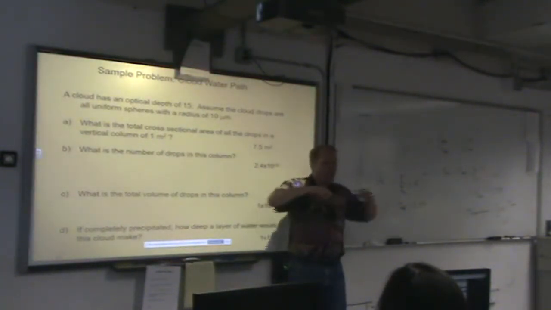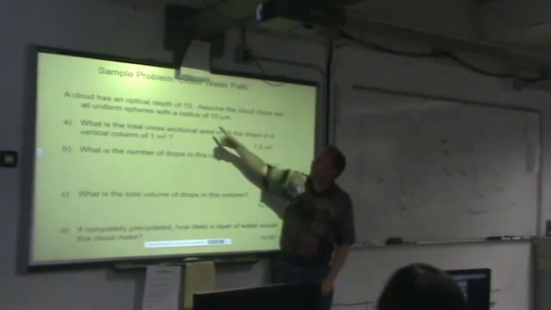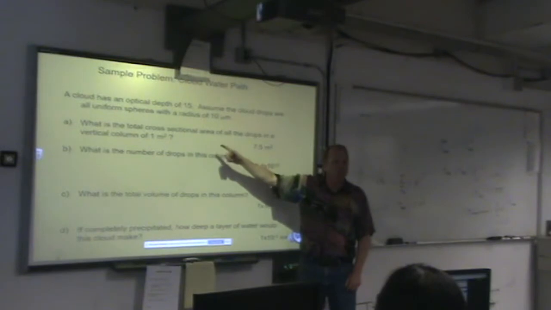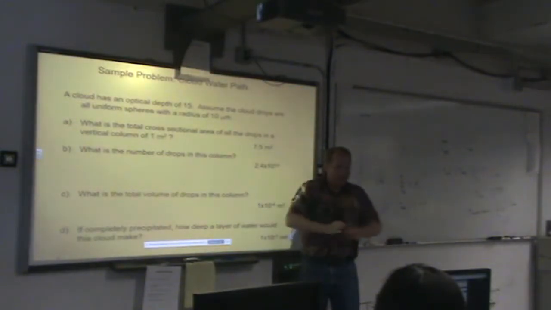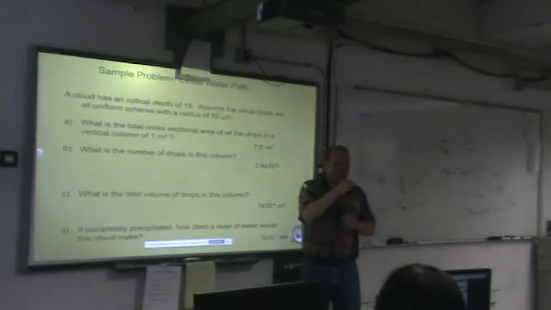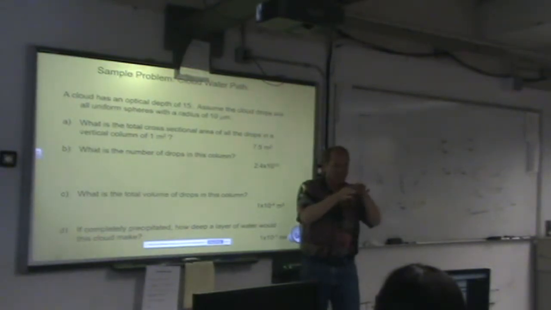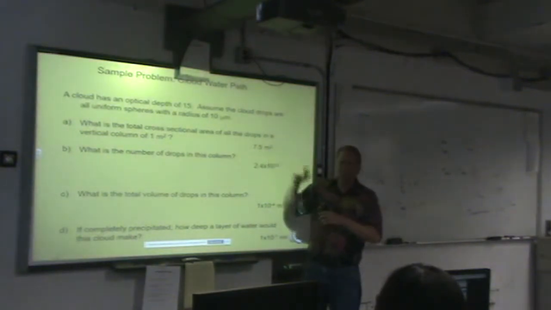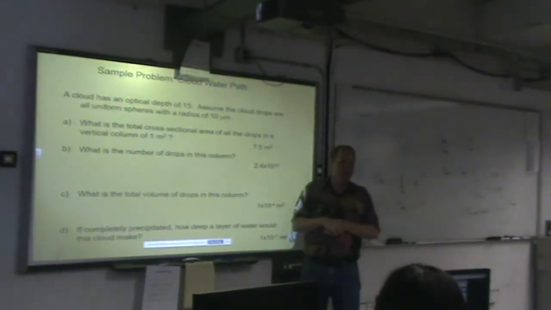If there wasn't any wave scattering, if I said that optical depth was 15, you have 1 square meter, that would mean there would be 15 square meters of drop area filling it up. However, each little drop affects twice as much light as its own area. So I end up needing only half that amount of area to have my optical depth of 15.